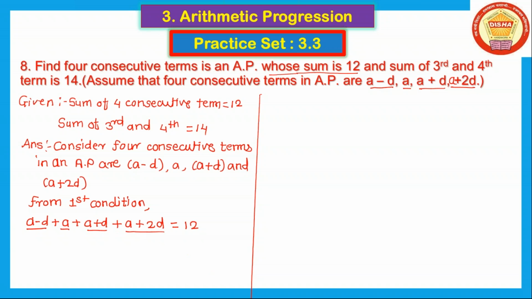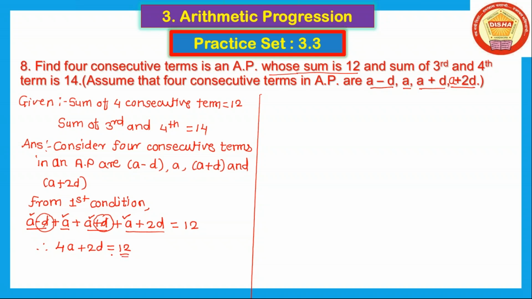In this equation, a plus a plus a plus a means the addition is 4a. Then we see here the negative d and positive d both get cancelled, so only 2d remains. We get 4a plus 2d is equal to 12.